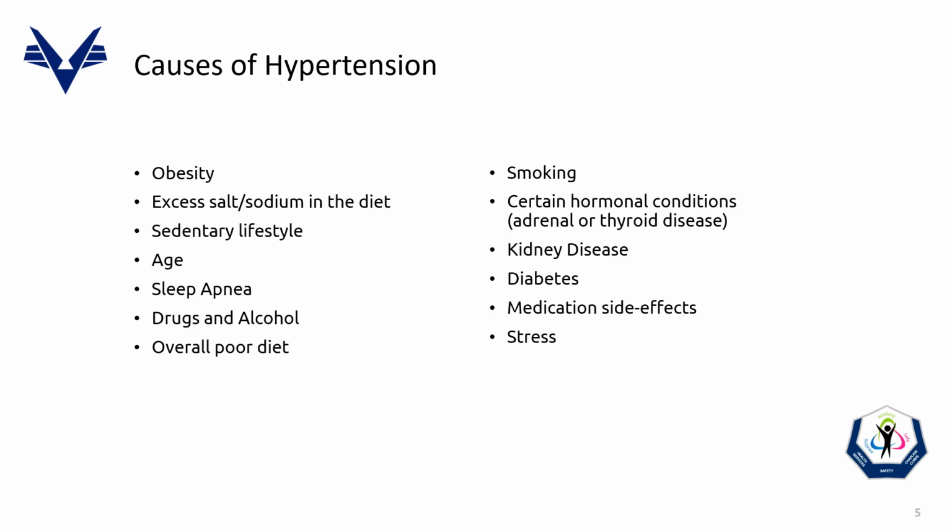There are two types of hypertension, primary and secondary. Primary hypertension, for most adults, has no identifiable cause and tends to develop gradually over many years. Secondary hypertension is caused by an underlying condition, which tends to appear suddenly and cause higher blood pressure than primary hypertension.